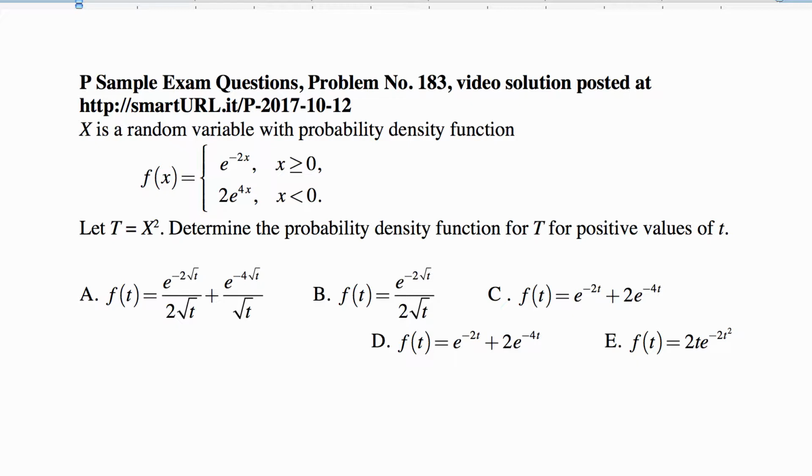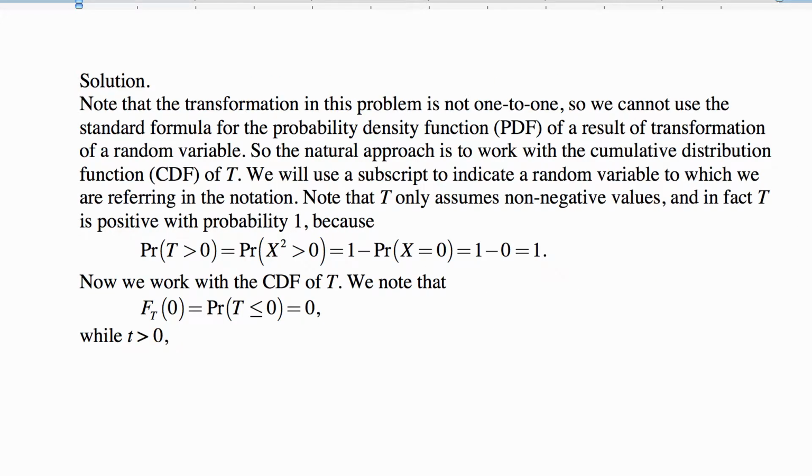An important observation you should make immediately is that the transformation t equals x squared is not one-to-one. So you won't be able to use the standard formula for the probability density function, or PDF, of a transformed random variable. What should we do then?